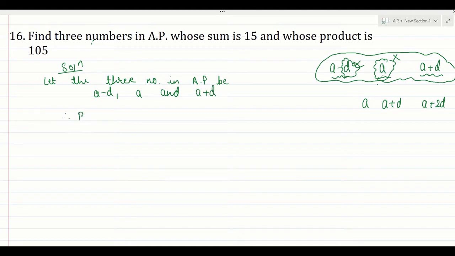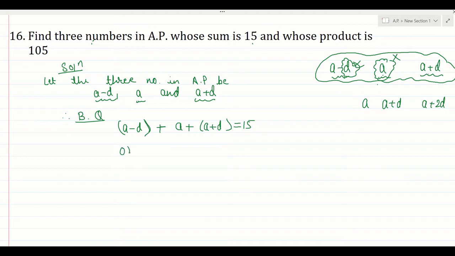Then by the question, what has the question said? The question said three numbers in AP whose sum is 15. That means the sum of these three numbers is 15. So by the question, A minus D plus A plus A plus D is equal to 15.